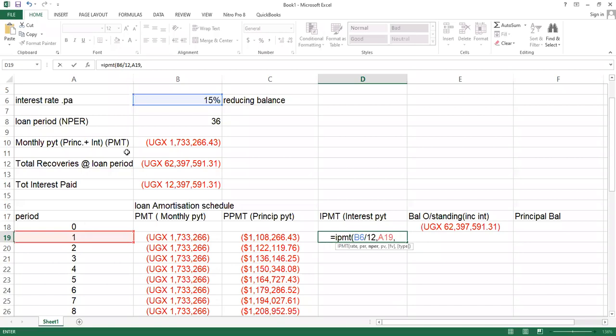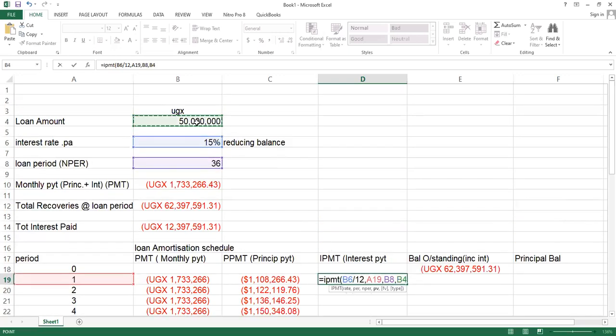NPER is 36, so I click on 36. Then I put a comma. PV is the loan amount, the present value of the loan, 50 million. Put a comma. Future value is 0, type 0.